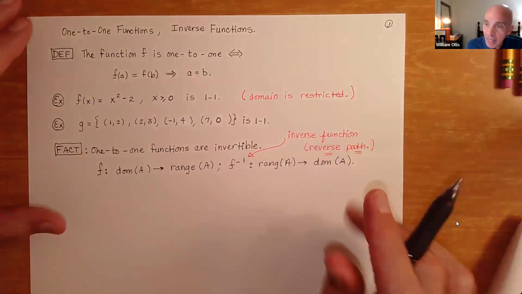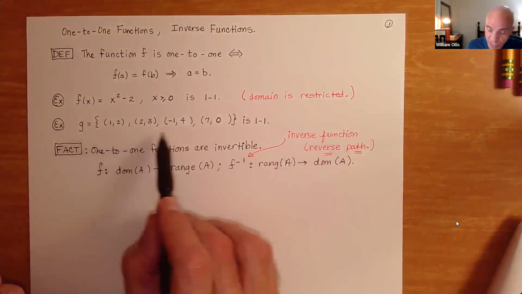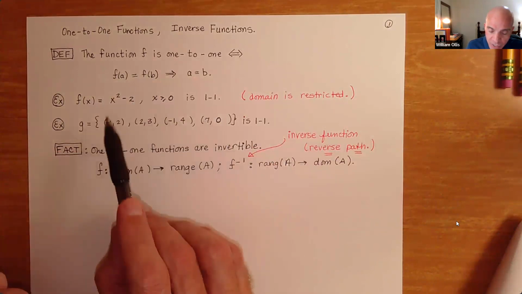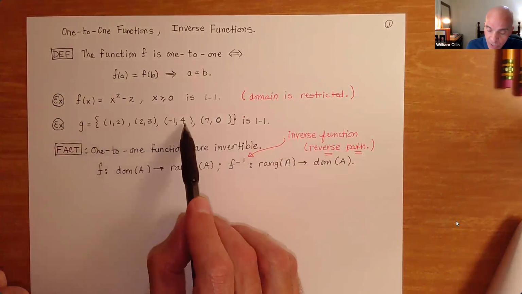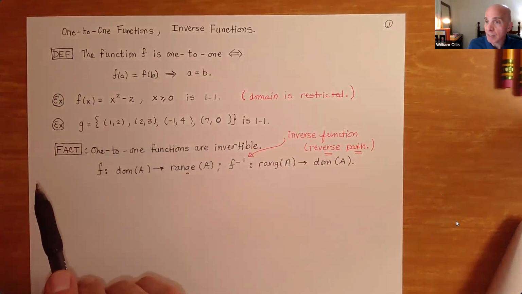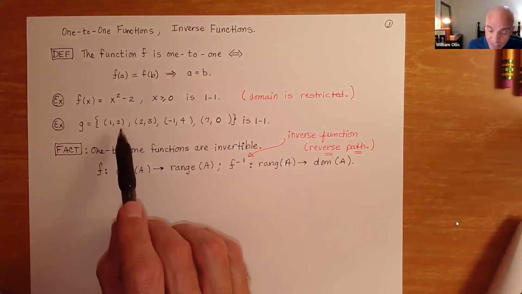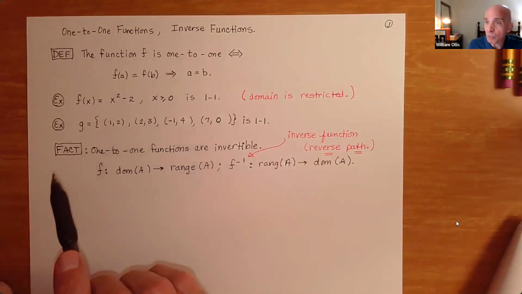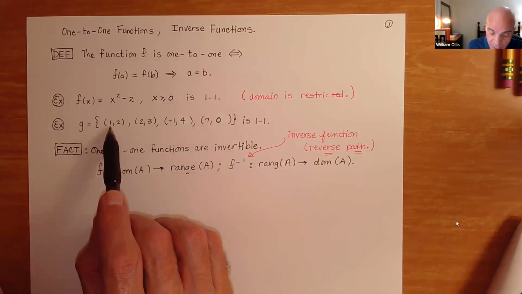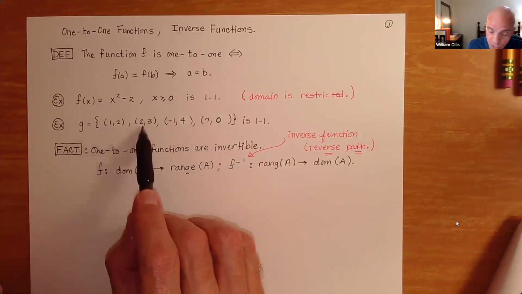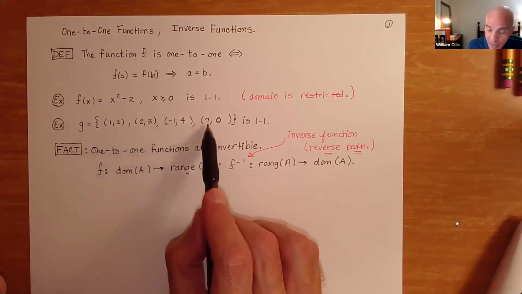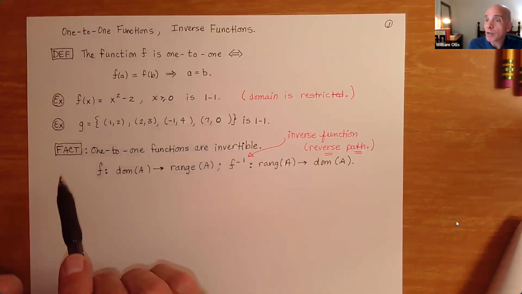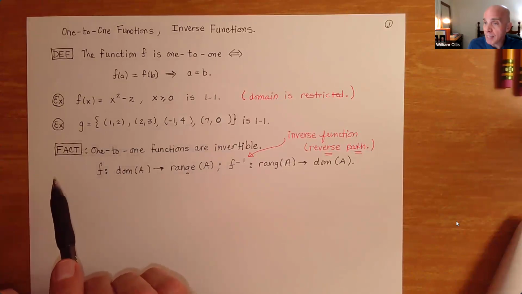If you look at this particular example here, notice the way I've constructed this is that all of the range elements are unique in the sense that they exist one time and one time only. That is, 1 is mapped into 2, 2 is mapped into 3, -1 is mapped into 4, and 7 is mapped into 0. One-to-one functions do not repeat range elements.